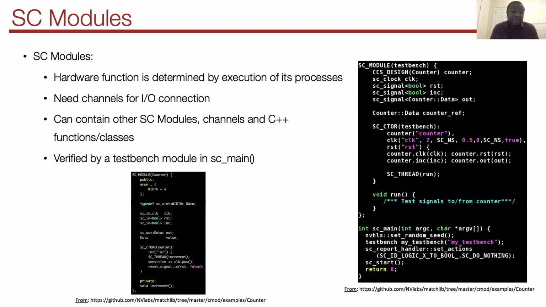When using SystemC, the highest level block will be the SystemC module. This is analogous to a Verilog module, if you are familiar with Verilog. The SystemC module contains a list of processes which will be defined in the SC constructor. And the SC module is verified in a test bench, which contains the SC_main function.